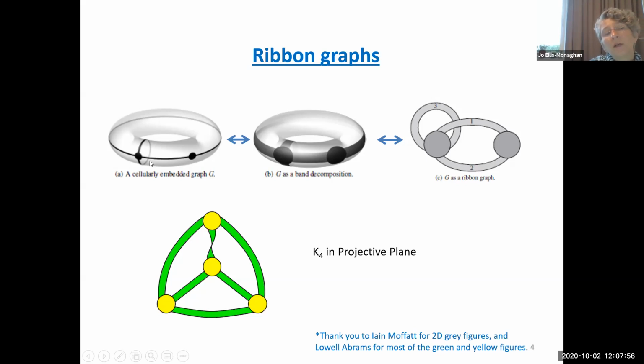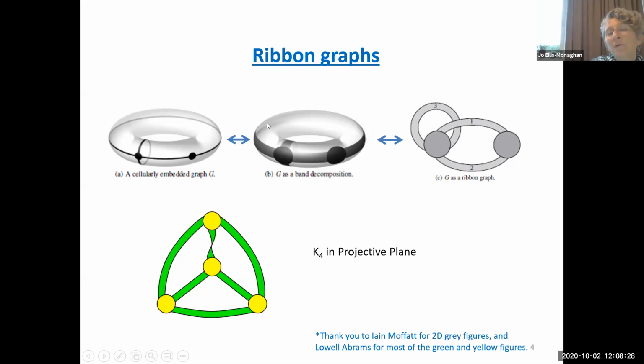If you take a graph cellularly embedded in a surface and you take an epsilon neighborhood of all of the vertices and edges, you get something that's called a band decomposition. So this is a division of the surface into three distinct kinds of regions: the vertex regions, the edge regions, and the face regions.